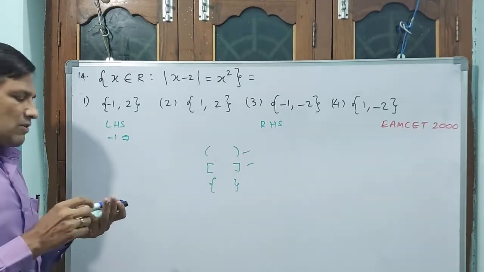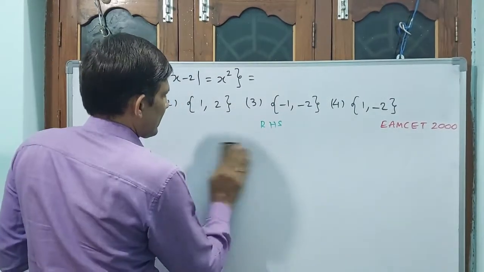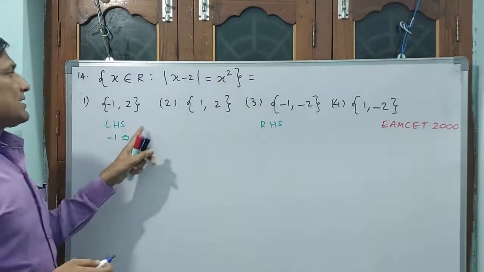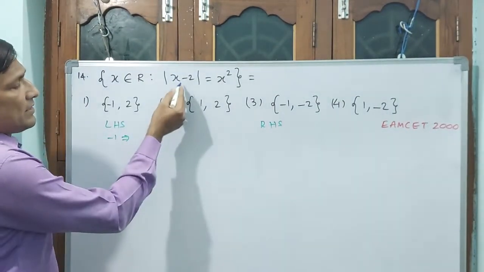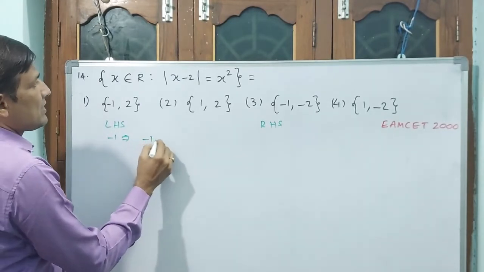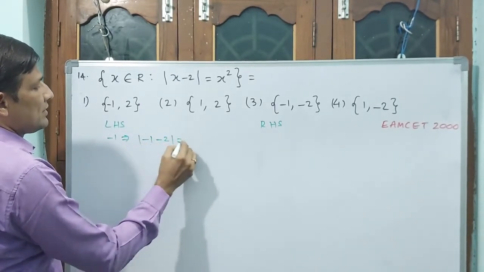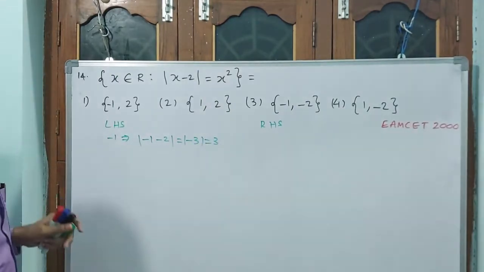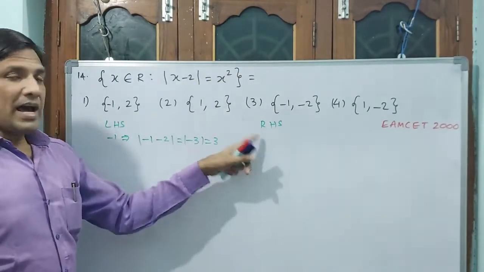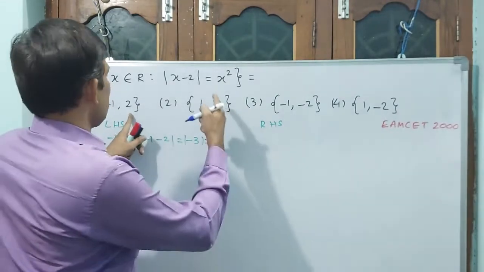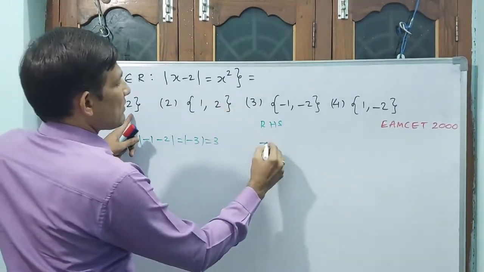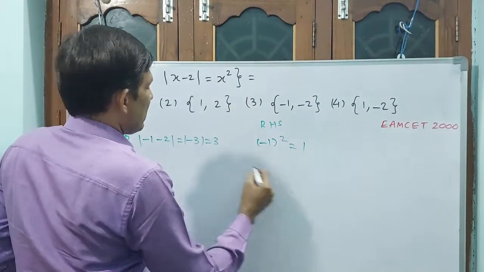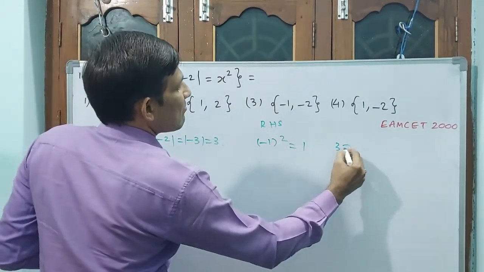See, minus 1 we are taking. When we take minus 1, what is LHS? LHS: minus 1 minus 2, modulus of minus 3, that is equal to 3. And RHS should match. RHS will be minus 1 square, that is 1. But 3 is not equal to 1.